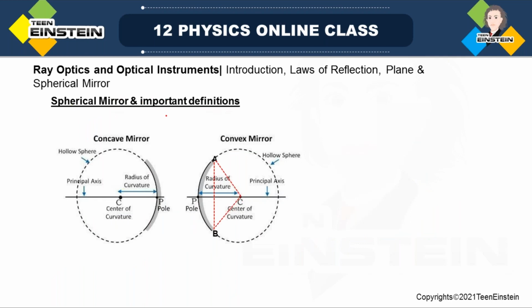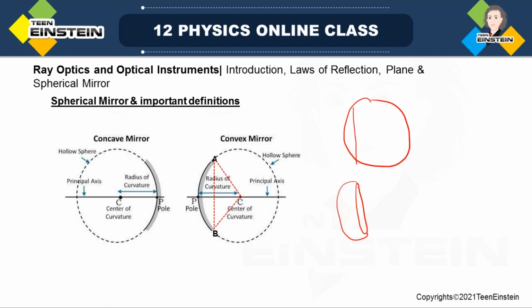All right, now we'll see what a spherical mirror is, and a few important parameters related to the spherical mirror. As I said, spherical mirror. If you take a hollow sphere, kind of a football, and just chop off a part of it, it will look like this, which is shown over here.